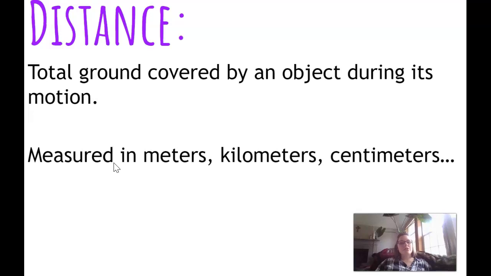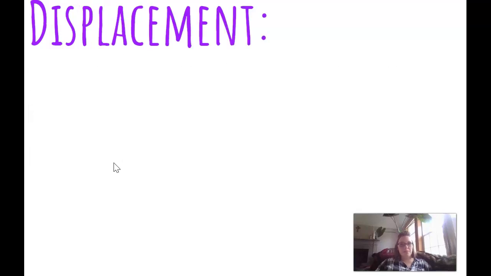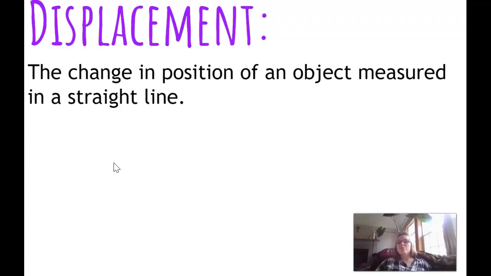They're going to cover some distance. This is very different than displacement, which is the change in position of an object measured in a straight line. If instead you gave your friend directions from where you are to Northurston High School, and your friend thought, gosh, wouldn't it be easier to fly with my superpowers? And they traveled in a straight line through the air, they would have a very different path that they were taking. But think about it.